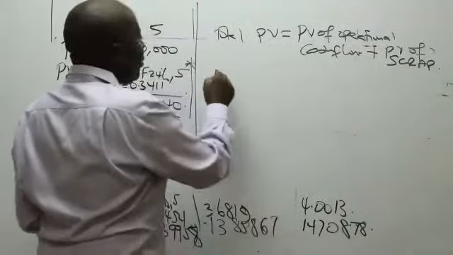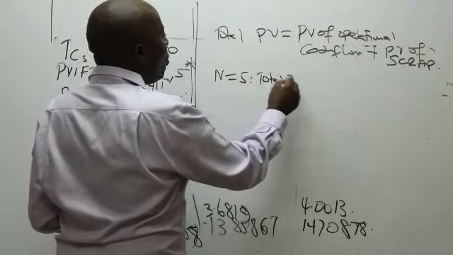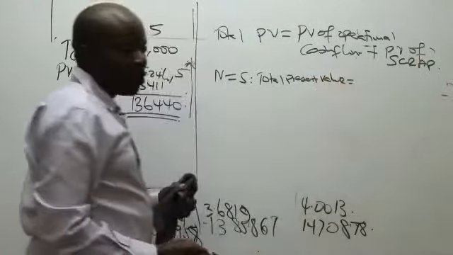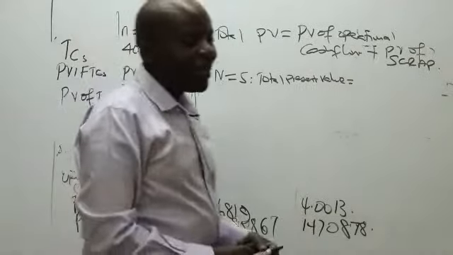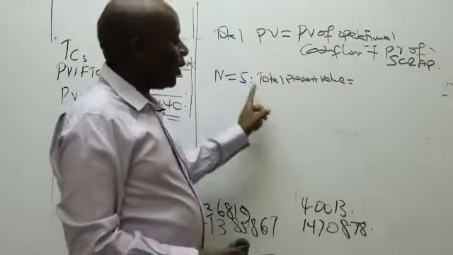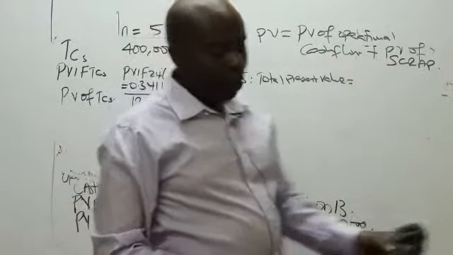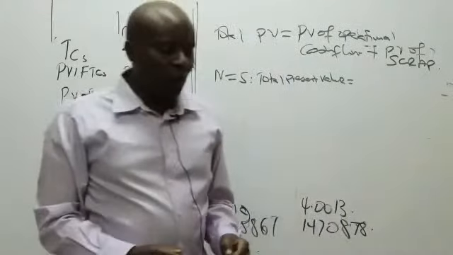Starting with N equals 5, what will be the total present value when N equals 5? What will be the total net present value?